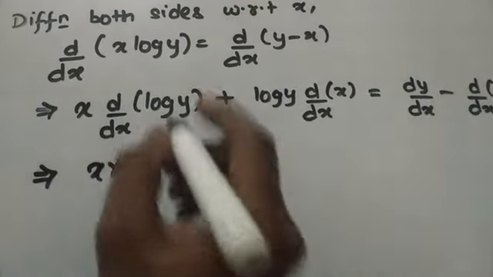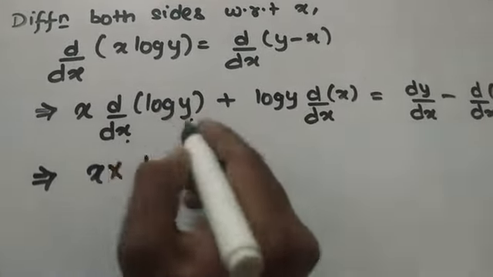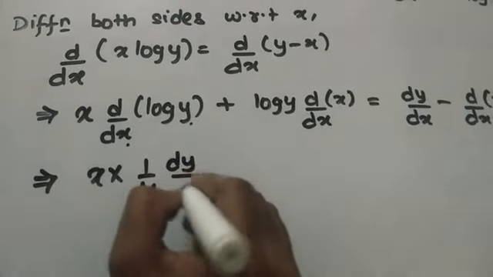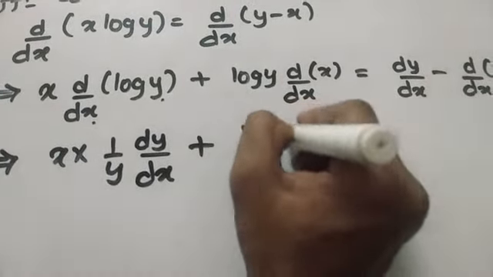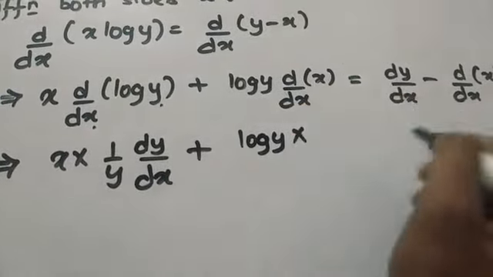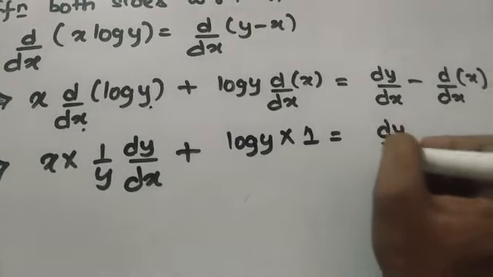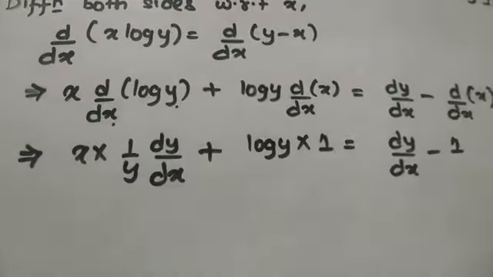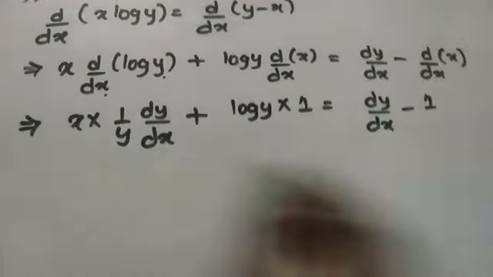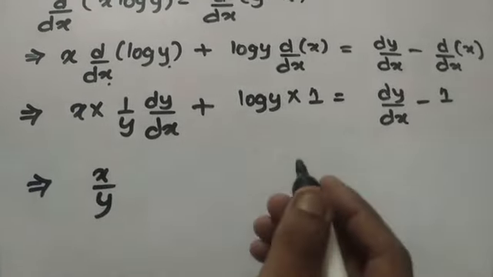Now d/dx of log y is 1 by y, and since y is not the same as x, we get dy by dx, plus log y times d/dx of x, which is 1, equals dy by dx minus 1, since d/dx of x is 1. Now we'll take all the dy by dx terms to one side and the non dy by dx terms to the other side.